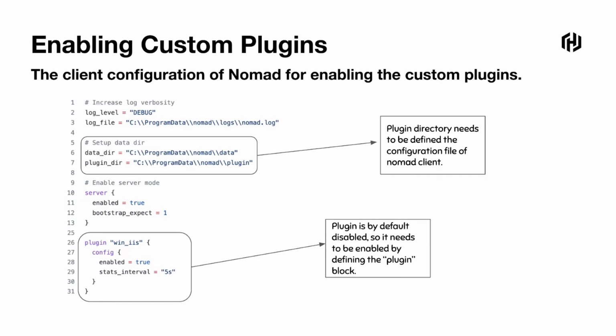Whenever you integrate a custom plugin, or an existing plugin supported by Nomad, you have to enable it. Here we have enabled the plugin called win_iis, which means the Windows IIS system, and then enabled the configurations. Once we have done this, that's it. Our Nomad platform is able to run the .NET based applications on IIS sites very easily and without any challenges.